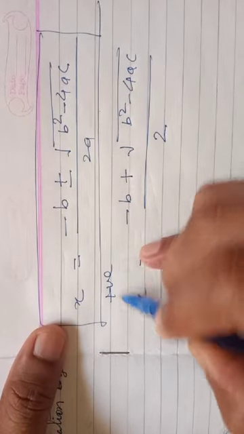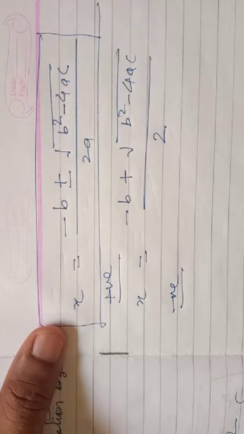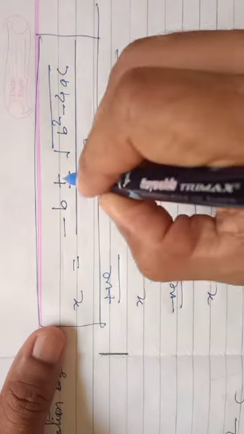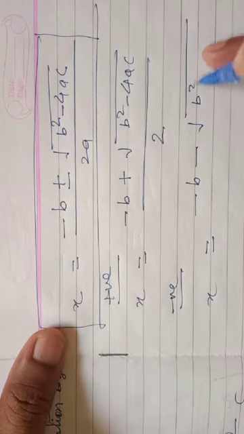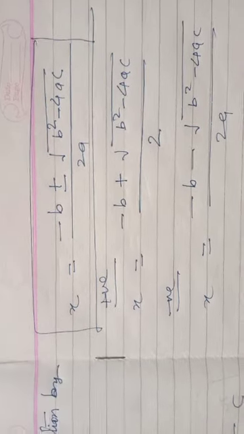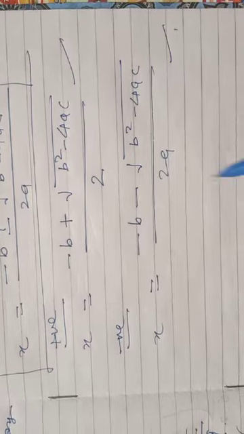It means the positive value is taken first, then the negative value of that. So x is equal to minus b, now the plus value is already taken, so you should take the minus value, minus root b square minus 4ac upon 2a. Those two roots we can get by using that formula.